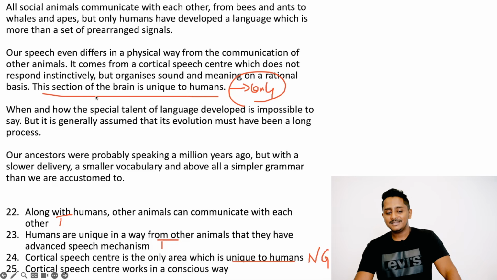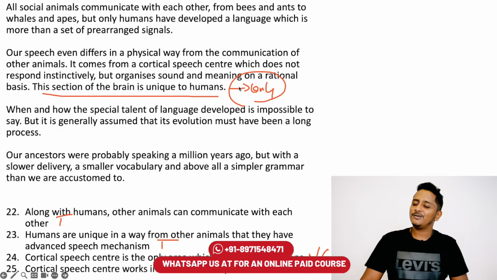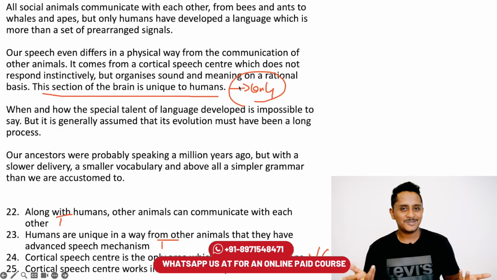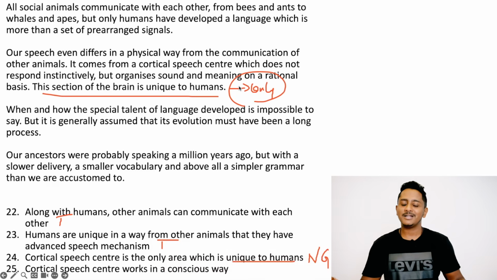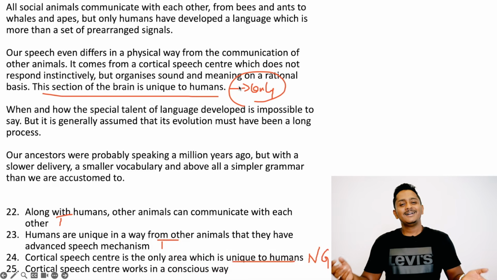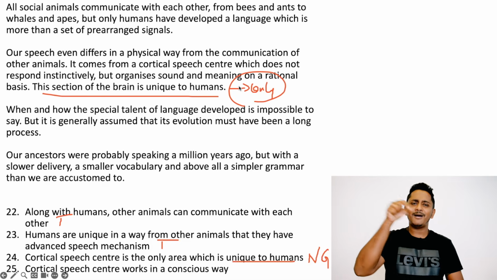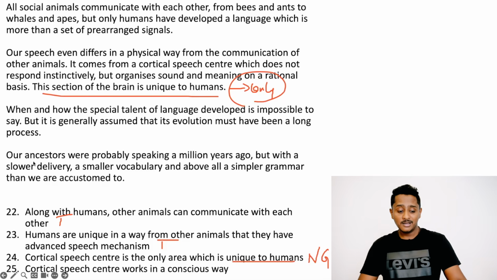It is never given that this section of the brain is the only part which is unique. And logically speaking, there could be a lot of other things in our body which are unique to us and not found in animals. Isn't it so? So, this has to be not given, we cannot say this is the only thing.